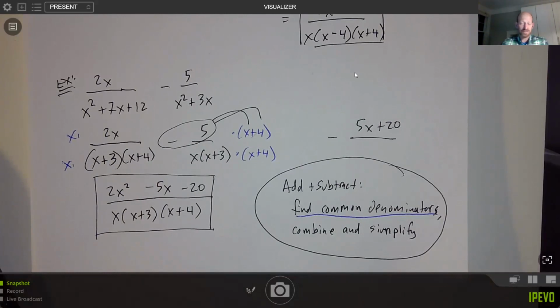That is definitely something I see sometimes. They're not needed and they make the problem not work. So it's only when you are adding and subtracting that you need to create common denominators. Questions?